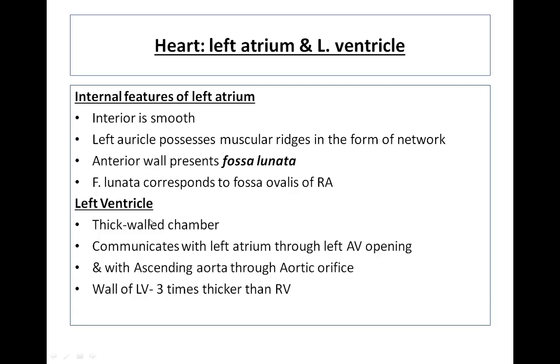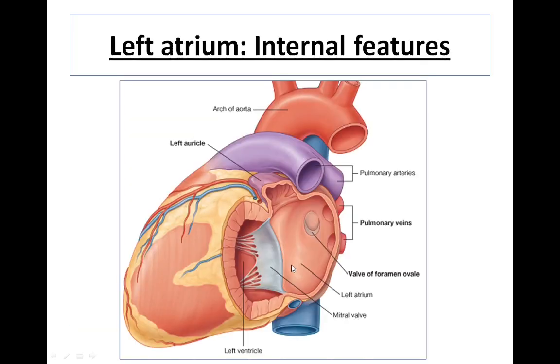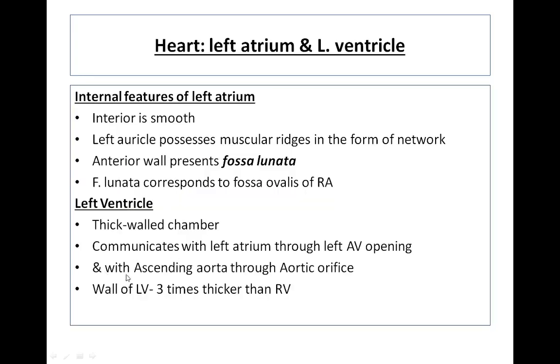Then come to the left ventricle. It is a thick-walled chamber that communicates with the left atrium through the left atrioventricular opening. The wall is thicker in the left ventricle because it has to contract more to supply the whole body through the aorta.